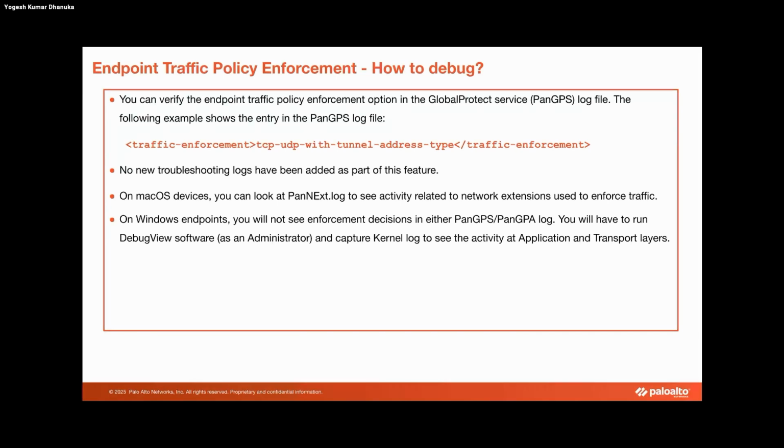And if we know that endpoint traffic policy enforcement is blocking, we will see a block, and then based on the configuration, we can determine further whether it is expected or unexpected behavior.